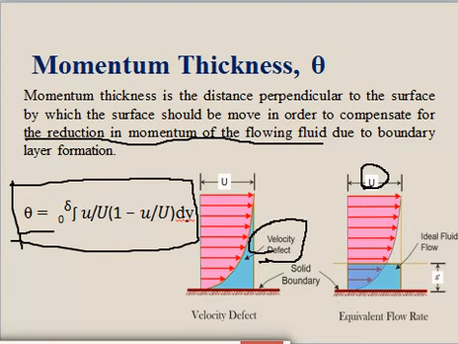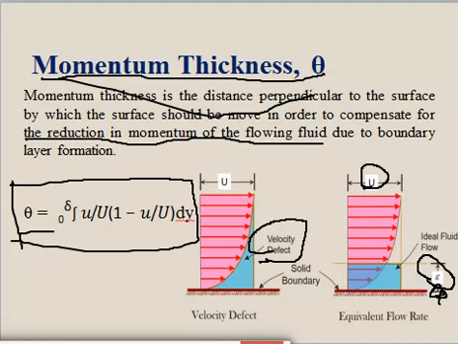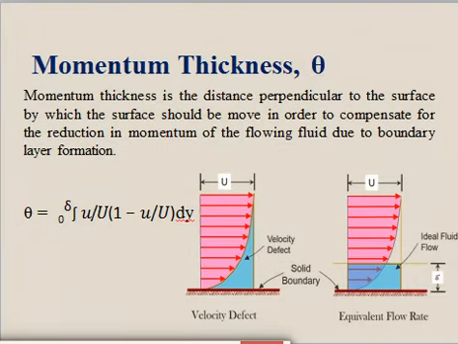If you move the plate in the y direction, normal to the direction of flow or direction of the surface, the distance by which you are supposed to move the plate is nothing but the momentum thickness denoted by theta. So the definition is similar, all the concepts are the same. The only difference is that in this definition we consider the reduction in momentum.